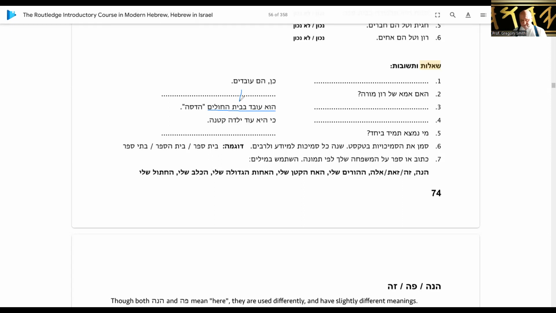Yes, Baveit. That's right. This loses the dagesh here. So Hu oved baveit haholim. Okay, so he is working in a house of sickness, essentially. Hadassah. In other words, in Hadassah Hospital. He's working in Hadassah Hospital.